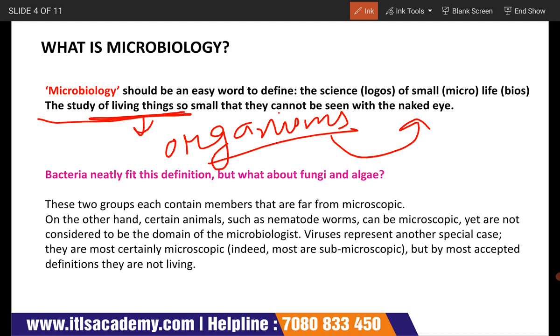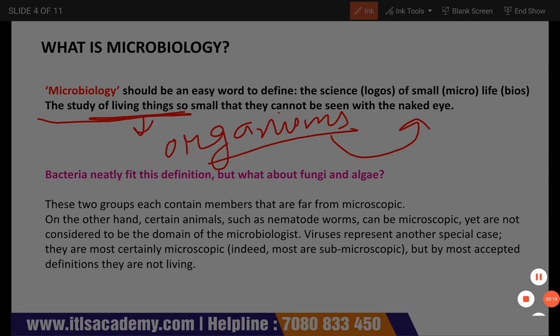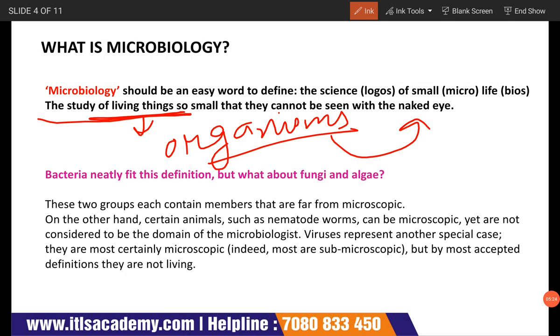Why are fungi and algae known as microorganisms, when a microorganism means a creature that you cannot see with your naked eyes?